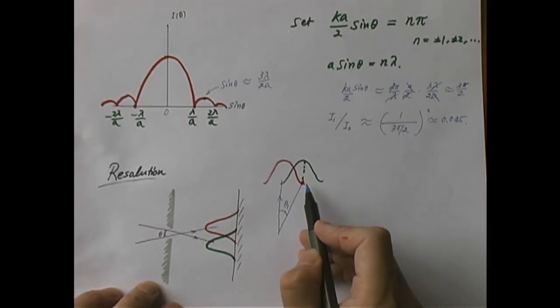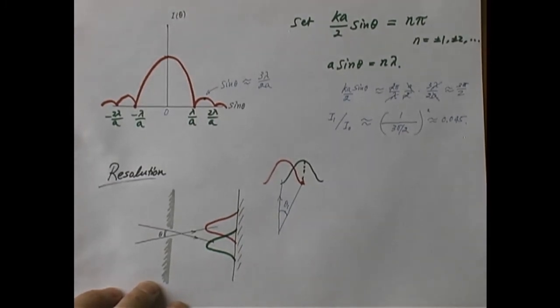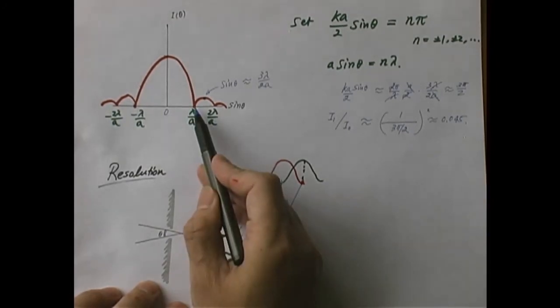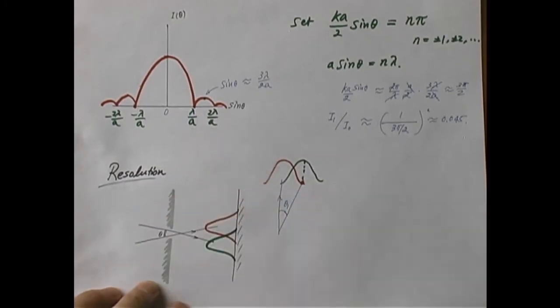If the angular separation between these two maxima is less than theta 1, I won't be able to tell them apart. What is theta 1 now? Theta 1 is really the angular location of the first minimum, in other words, the edge of the central peak.